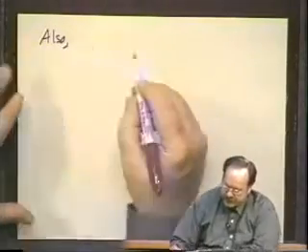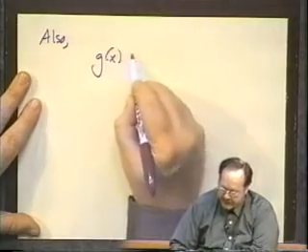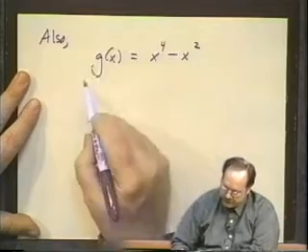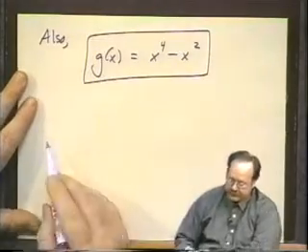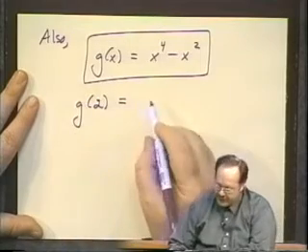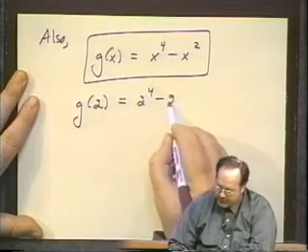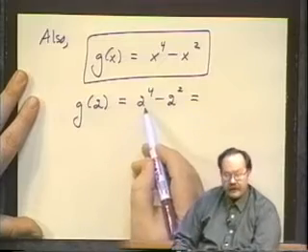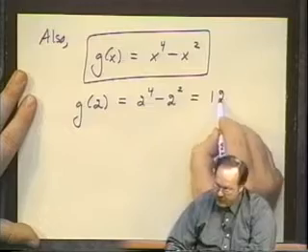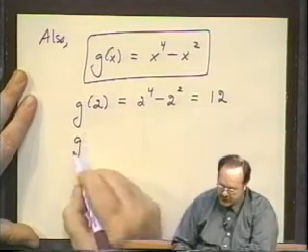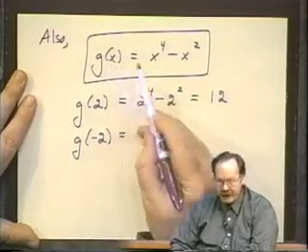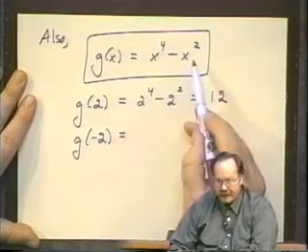Okay, let me do another example. Also, let's look at, say, g of x equals x to the 4th minus x squared. And then let's look at g of 2. Well, that's easy enough. That's 2 to the 4th minus 2 squared. And 2 to the 4th is 16. 2 squared is 4. So this is 12. Let us also look at g of minus 2. Now remember, this is g of box equals box to the 4th minus box squared.